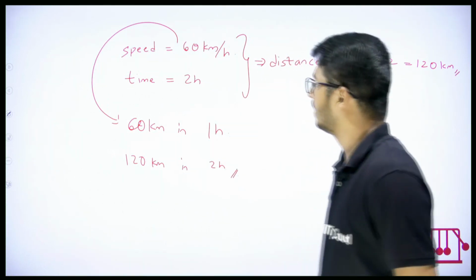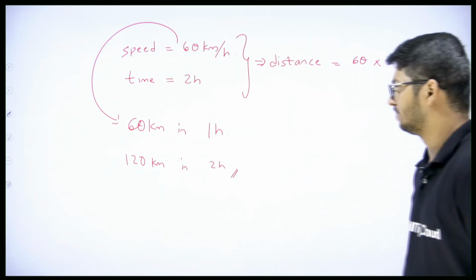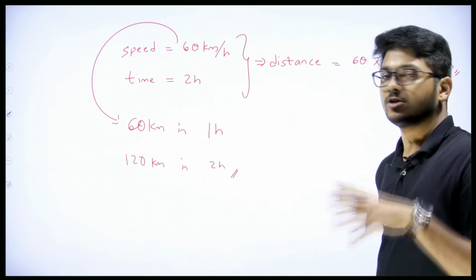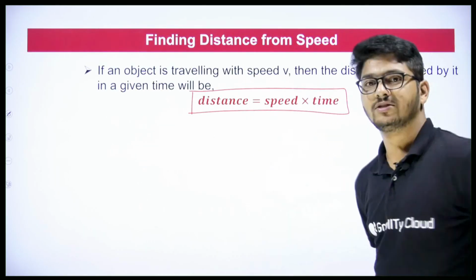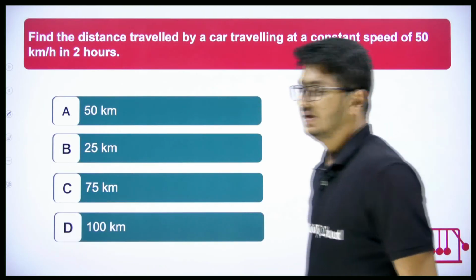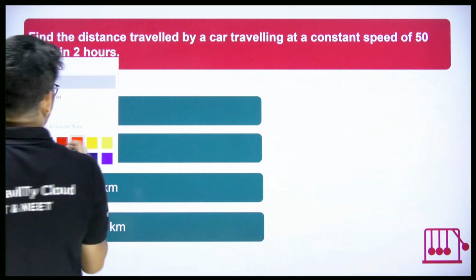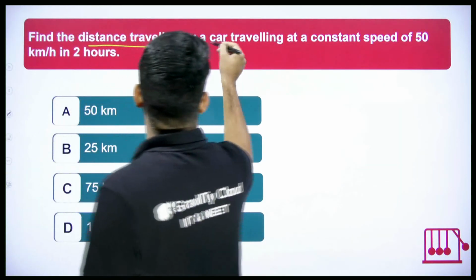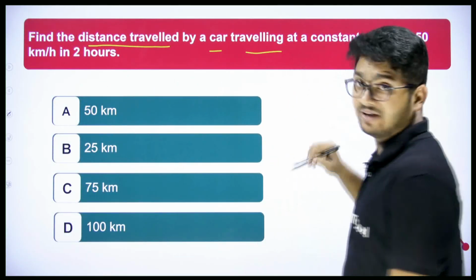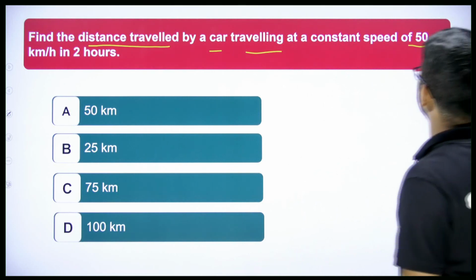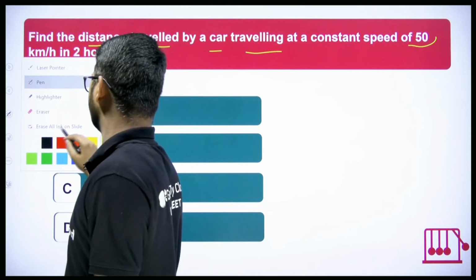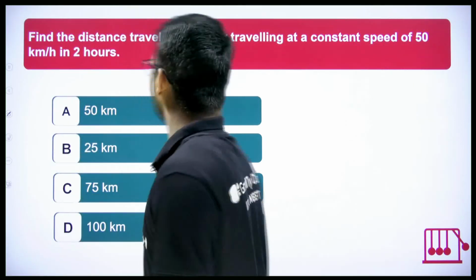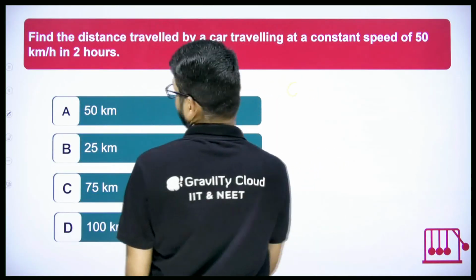Clear? Good? Wonderful. Now we'll use this formula. What is that? Distance is equal to speed into time. Let's go into a simple example. Find the distance traveled by a car traveling at a constant speed of 50 km per hour in 2 hours. What is given here?